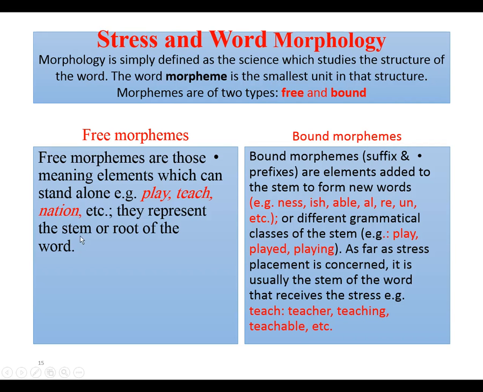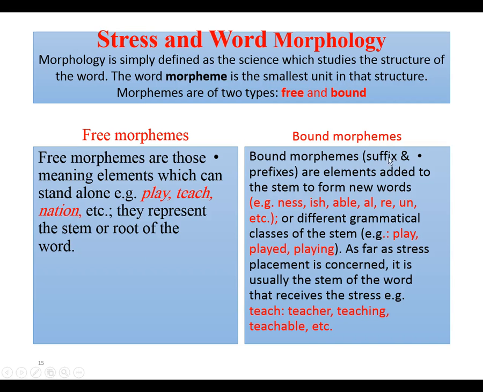Free morphemes can stand alone and do not need any suffixes or prefixes, such as play, teach, and nation. And we have bound morphemes, as the word suggests. They are suffixes and prefixes: morphemes coming after the stem and before the stem.